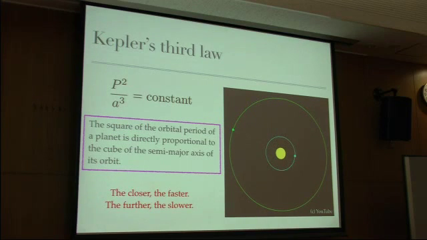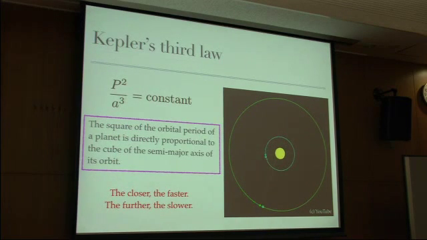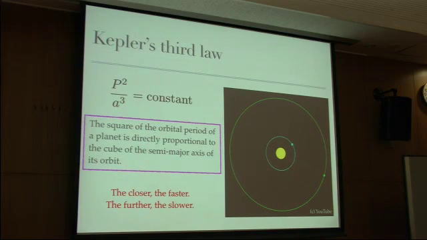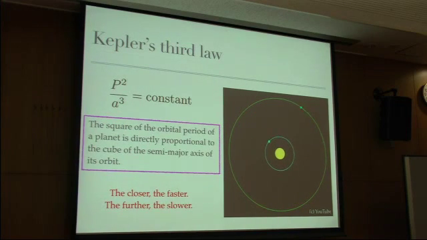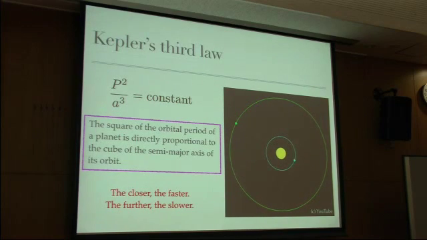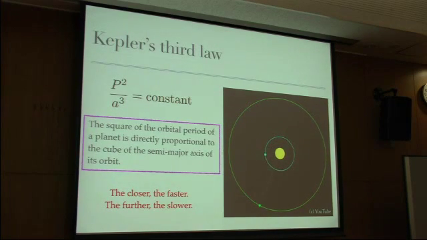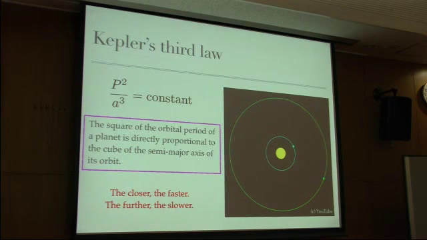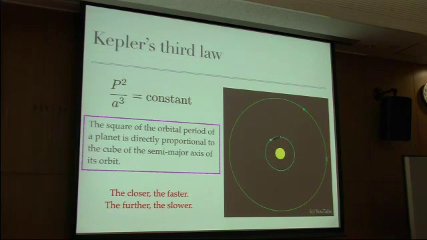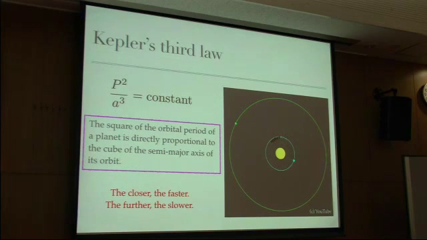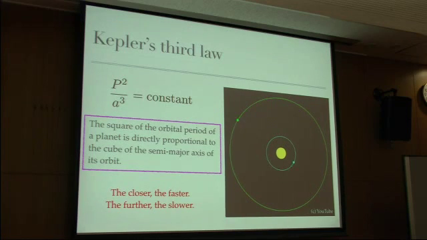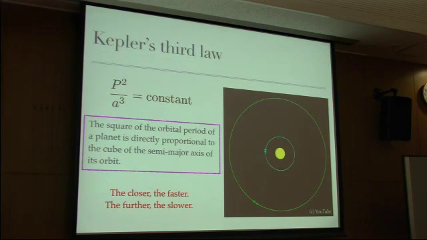This law is also applicable to the Earth-Moon system instead of the Sun-Earth system. For the Earth-Moon system, it means the closer the Moon is located, the faster the Moon revolves around the Earth, while the further the Moon is located, the slower the Moon revolves around the Earth. So, since the Moon was much closer to the Earth, according to NASA's experiments, the Moon must have revolved around the Earth much faster than today.